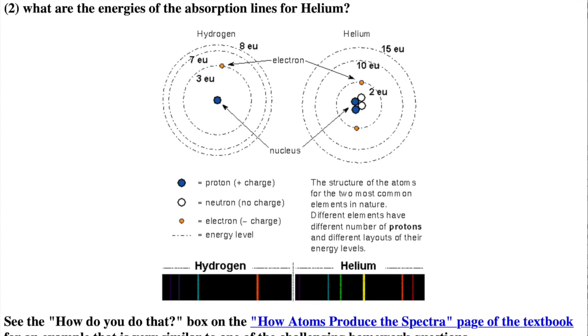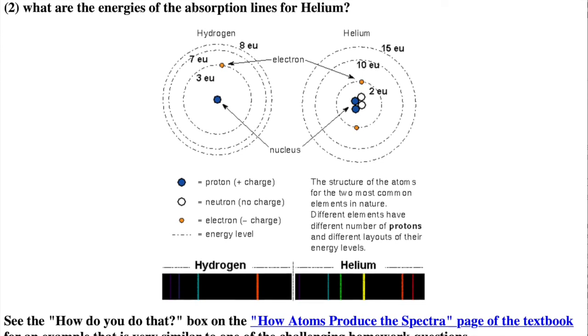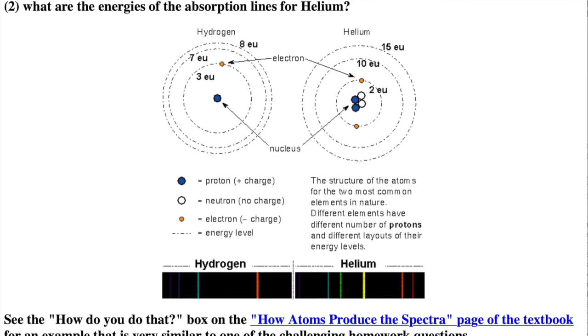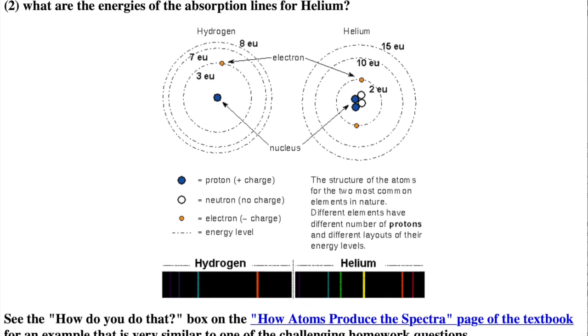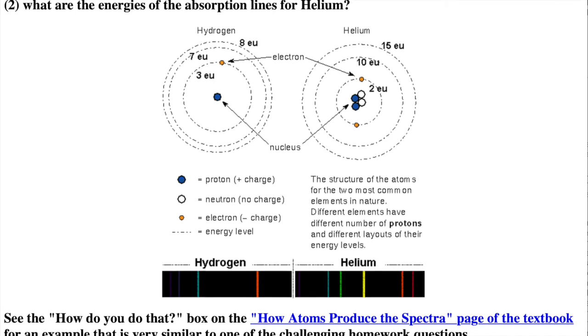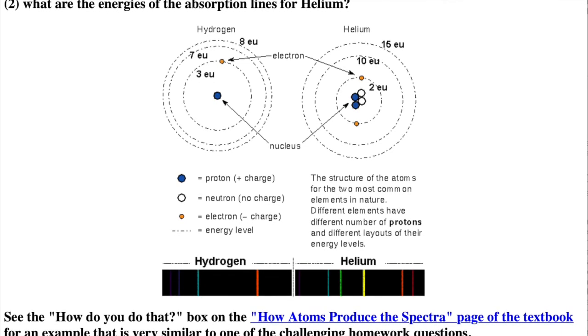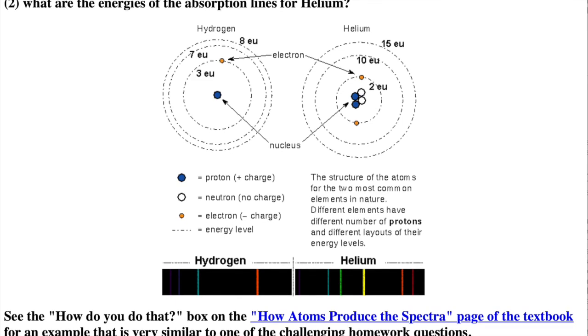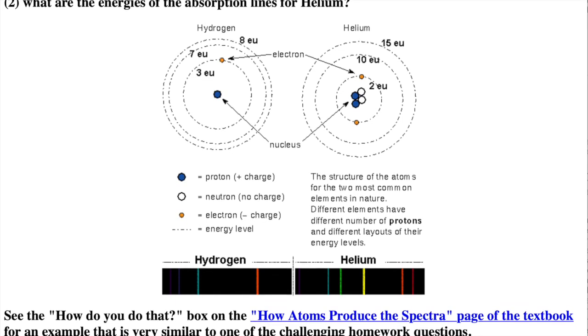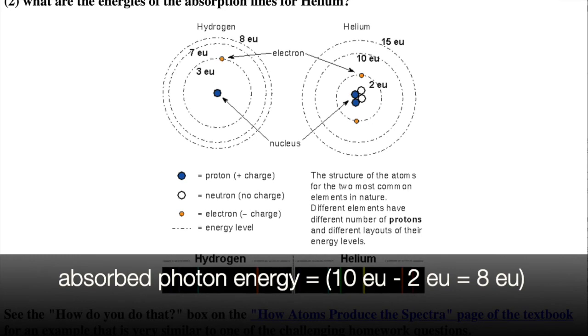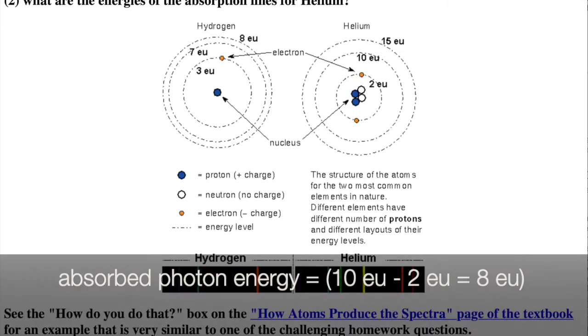Real hydrogen atoms have more than 3 energy levels. For the helium atom shown on the right with 3 energy level orbits at 2 EU, 10 EU, and 15 EU, the atom will be able to absorb 3 photon energies. From ground state to middle level, the absorbed photon will have had energy 10 EU minus 2 EU equals 8 EU.